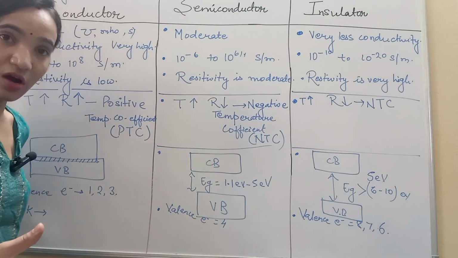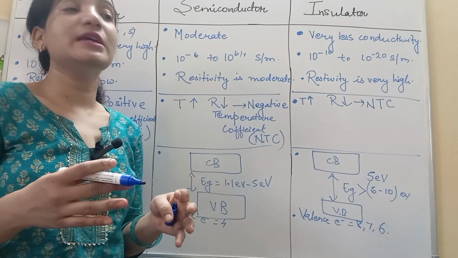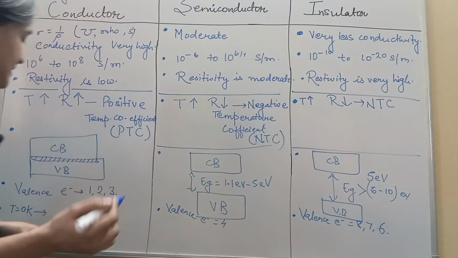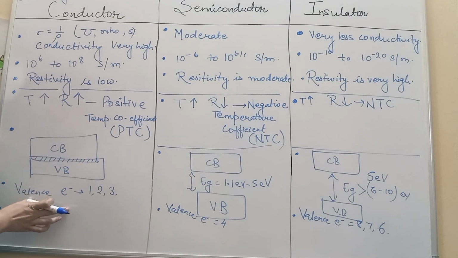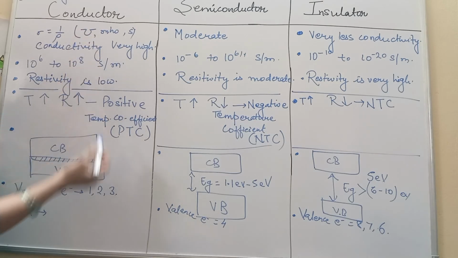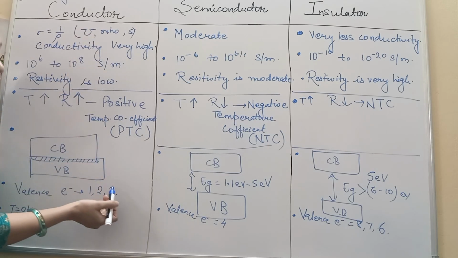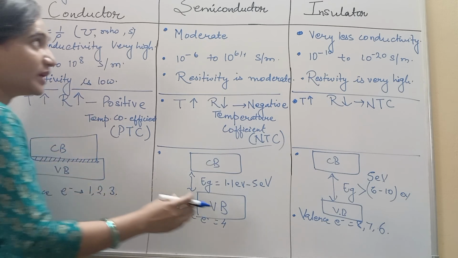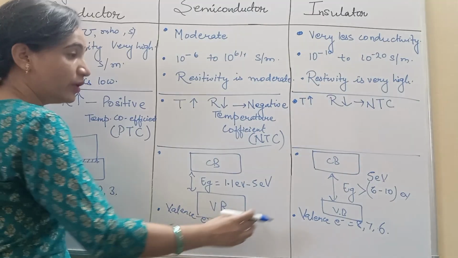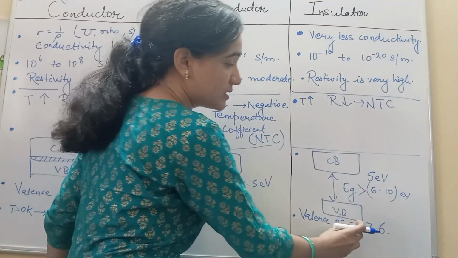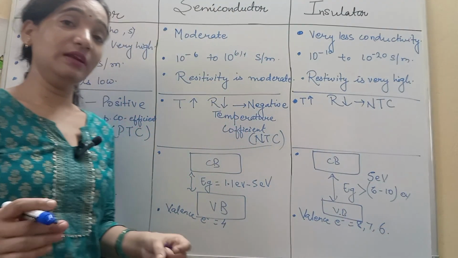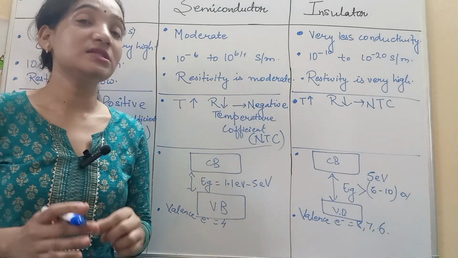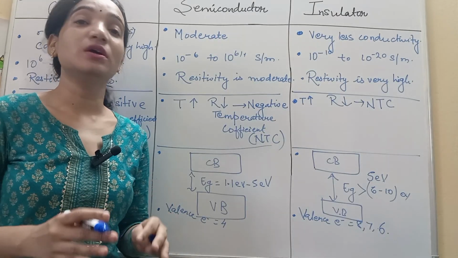Valence electrons are the electrons in the outermost shell, the number of electrons found in the outermost shell of any element. In conductors you can find 1, 2 or 3 electrons in the outermost shell. In a semiconductor, valence electrons are 4, and in an insulator, valence electrons are 8, 7 and 6.